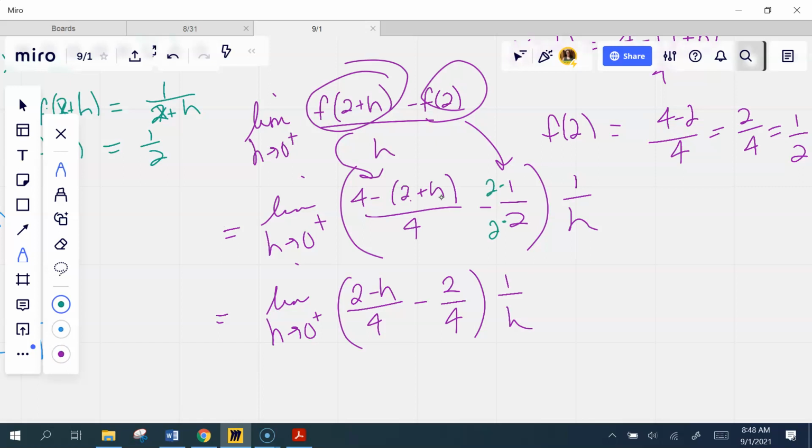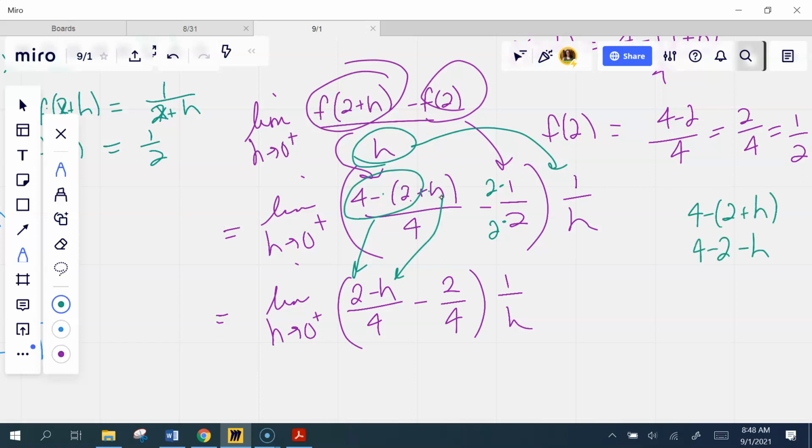That's that dividing by h I had in the beginning. I just switched it to a reciprocal multiply. 4 minus 2 is 2, and then the negative distributed through to the h. Right, because this 4 minus 2 plus h is the same thing as 4 minus 2 minus h, which would be 2 minus h.